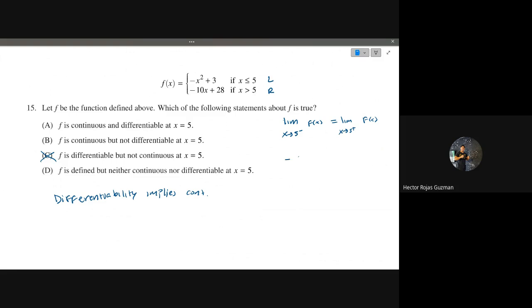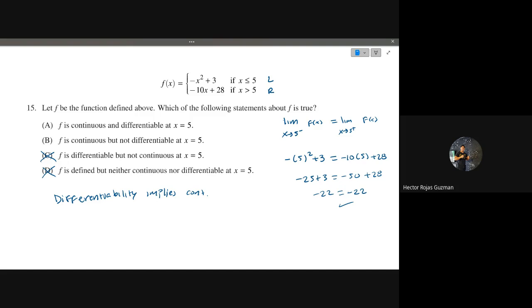So negative 5 squared plus 3 should equal negative 10 times 5 plus 28. And look at this, it is not. Oh, wait, it is. Well, that works out. So it is continuous. The function is continuous, so that takes off D.